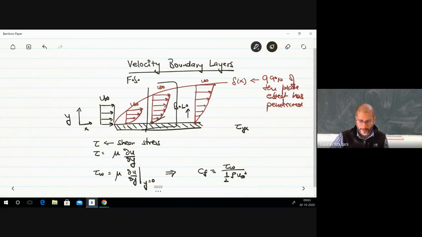And as you go up, the slope is decreasing, and ultimately it becomes 0. We're talking about del u by del y, so think of the slope as that. You have to rotate the figure 90 degrees and look at the bottom, and then you'll understand that. So as y increases, your tau decreases.